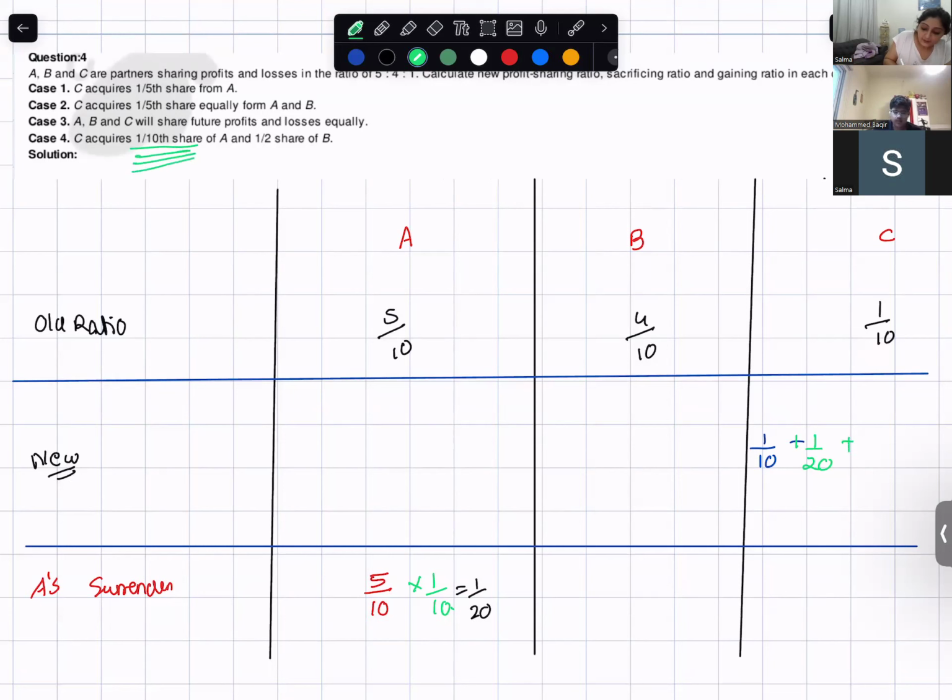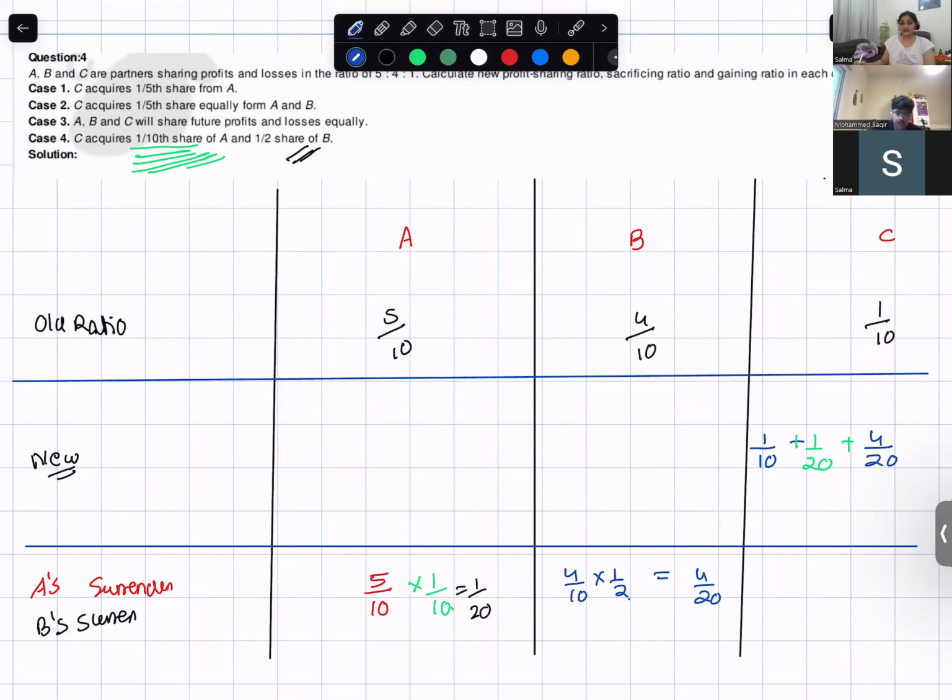C is acquiring 1/10 share of A, and how much of B? Half share. So B's surrender will be how much? 4/10 into half, so this will become 4/20.